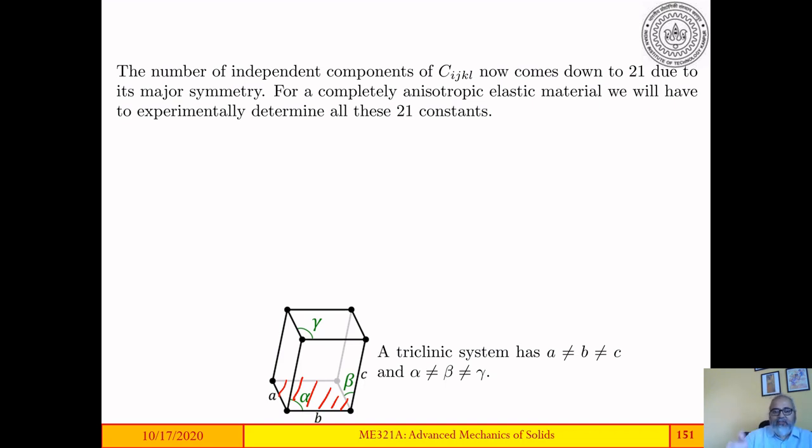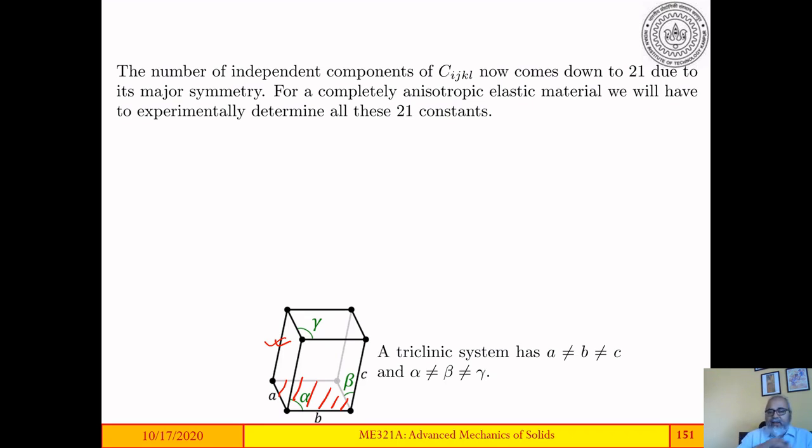system. So just think of a system which is made up of a crystal formed by unit cells of these rhombohedrons, and this will have just one single plane of symmetry.